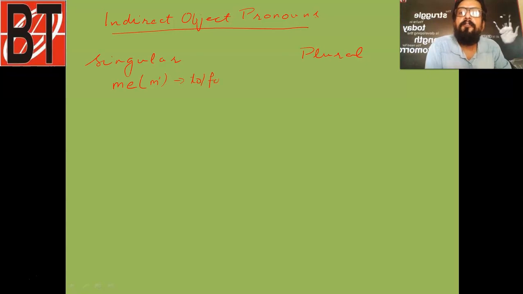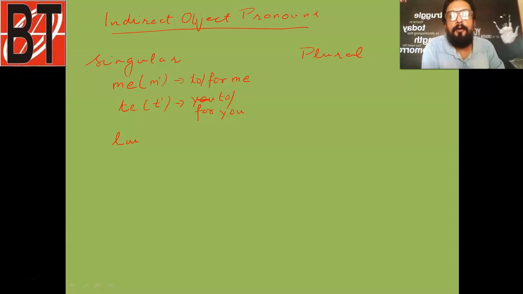To या फिर for me. The next is te और t' apostrophe, you, सॉरी, to और for you. Then we have this lui. How to spell it? Lui. Lui का मतलब होता है to or for him or her. Okay.